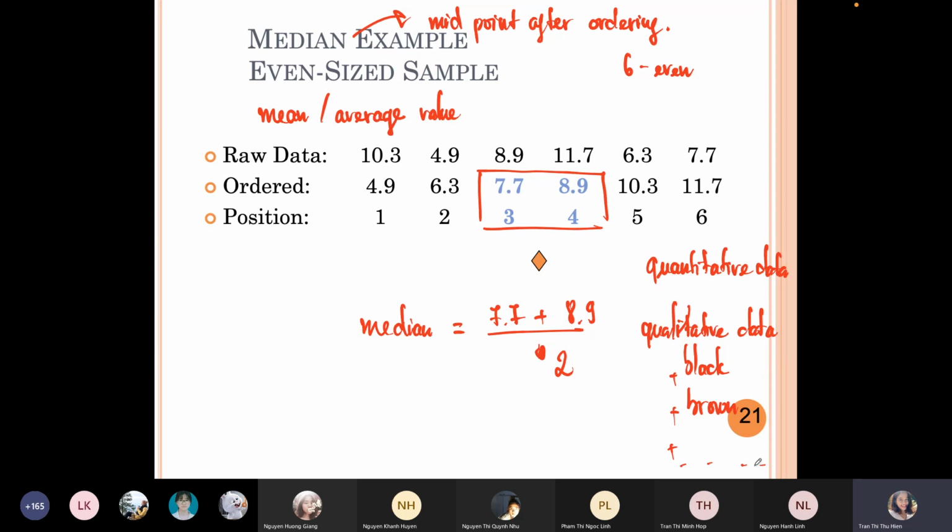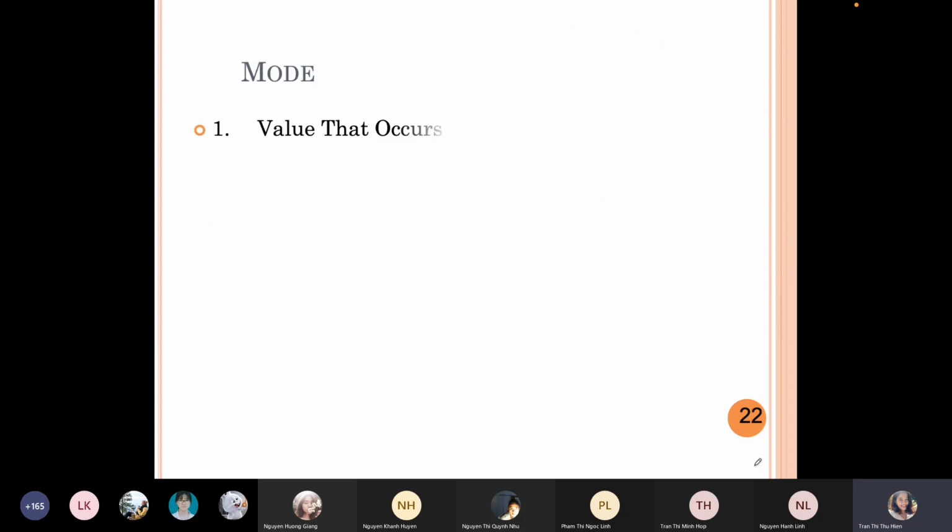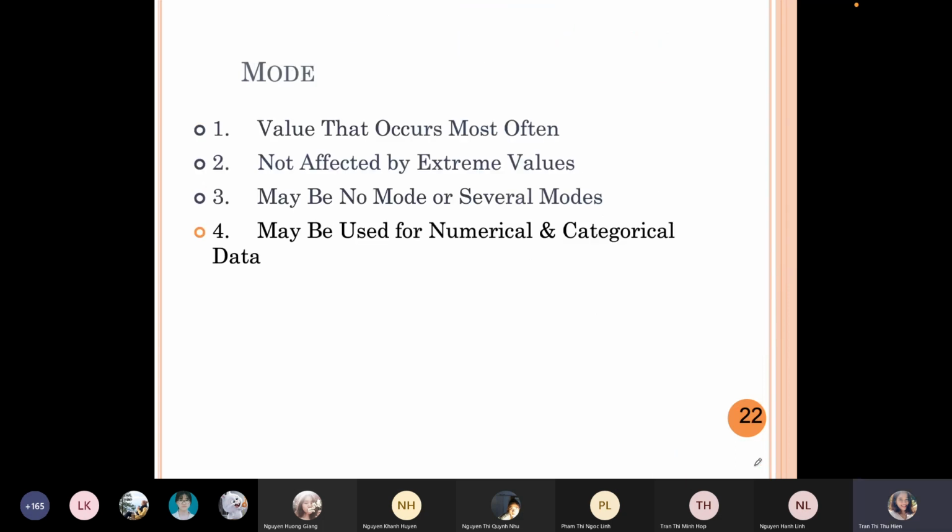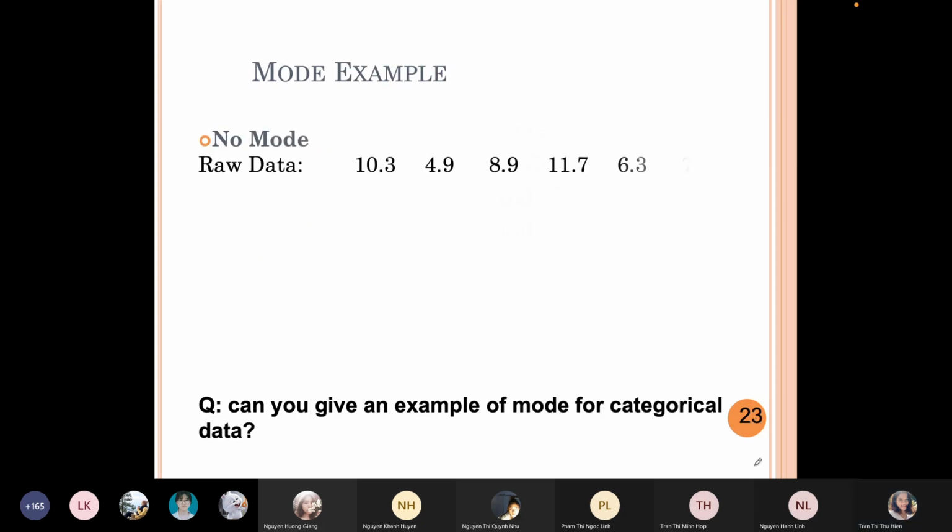Can you find the mean or the median when you have qualitative data? No, right. So the mean or median is just for quantitative data. But for the mode, you can use it for numerical or qualitative data. So this is a little bit different.